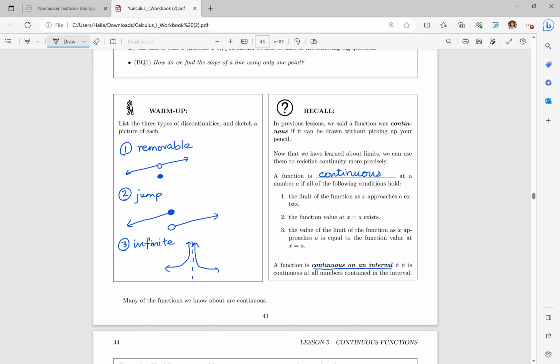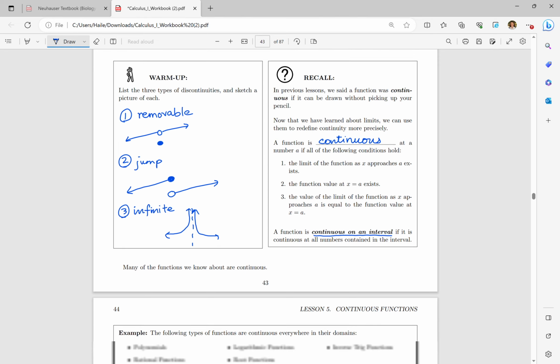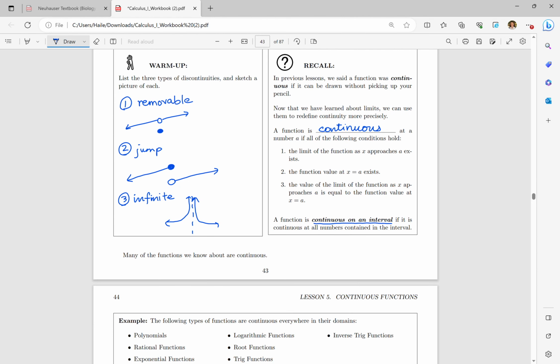So it has to be continuous at every single number inside an interval to be continuous on an interval. This may sound kind of tedious, having to have the function value equal the limit at all these points, but it helps that many of the functions that we already know about are continuous.